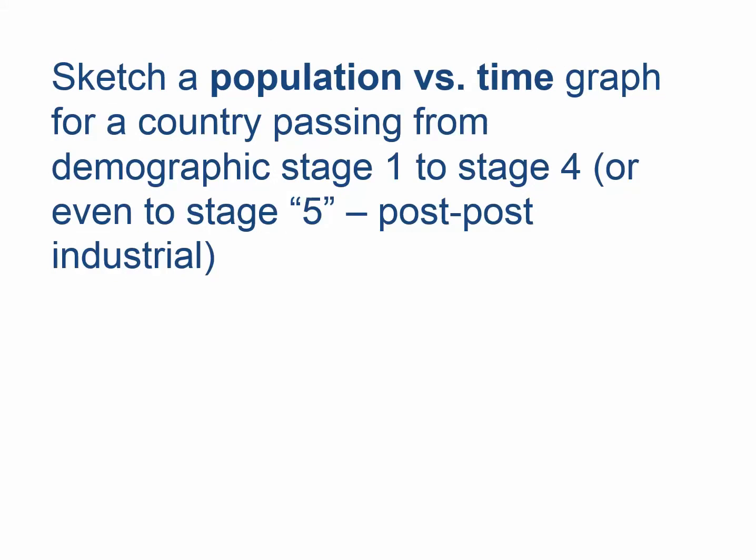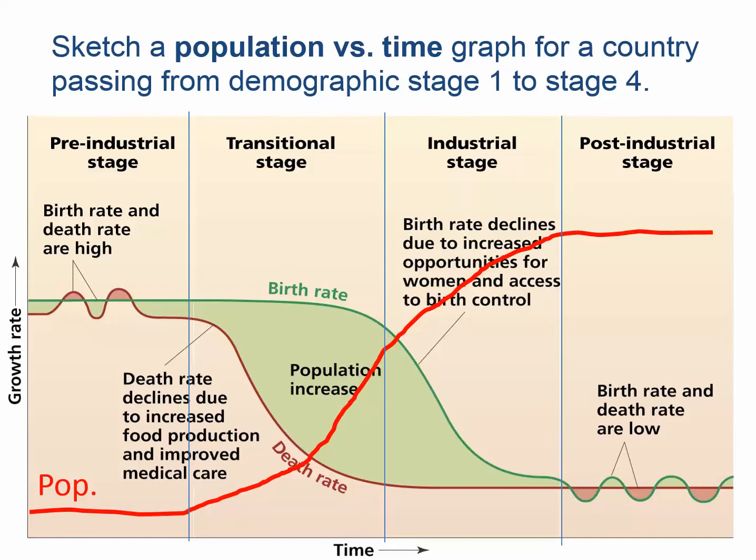And so I'm going to ask you, based on that, to sketch a population versus time graph for a country passing from demographic stage 1 to stage 4, or even to stage 5, post-industrial. This is one of the questions in assignment 4.3, where we're going to superimpose on top of our transition model what the population would be doing.